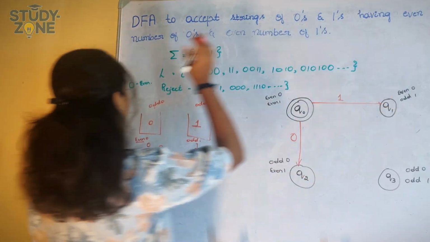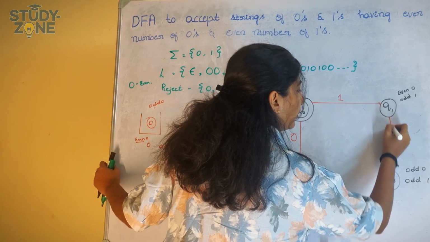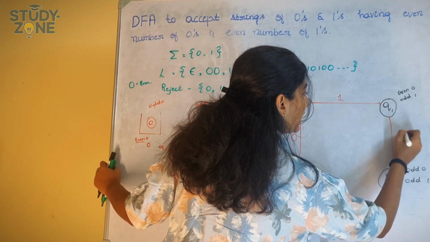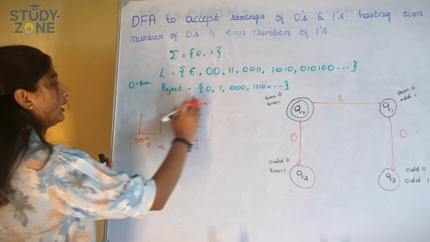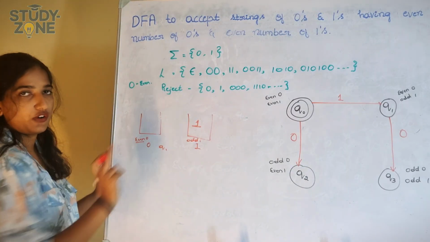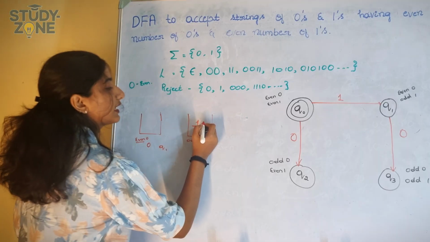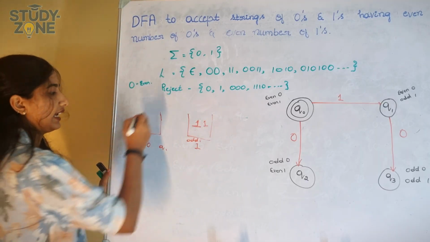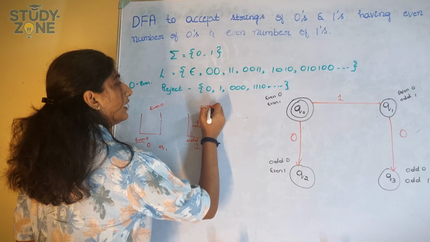On adding 0, it moves to the Q3 state. Done. Now take it back to the original state, Q1, even 0, odd 1. Here I keep the 0 basket as it is, and now I add 1 again, so it is even 0, even 1.